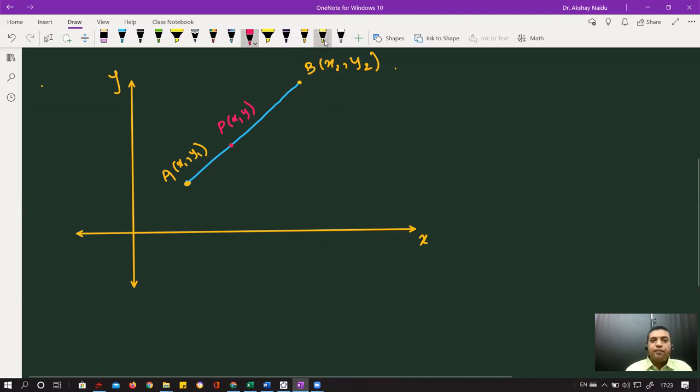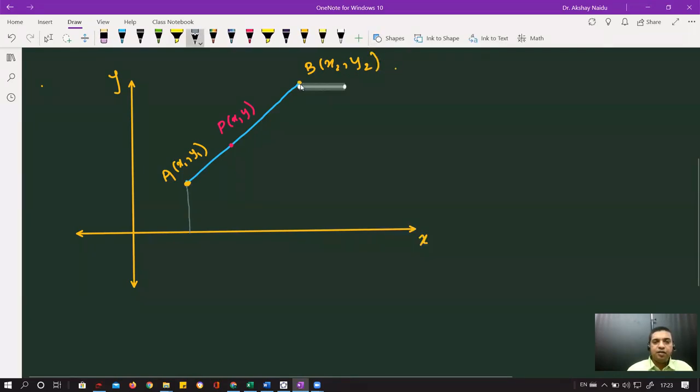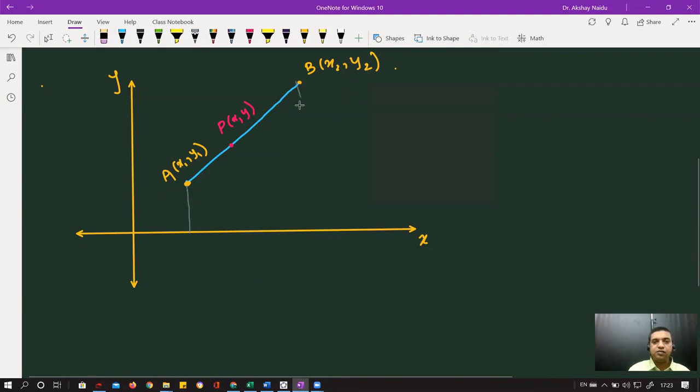So for this, I drop a perpendicular from A onto the x-axis, and I drop a perpendicular from B onto the x-axis.